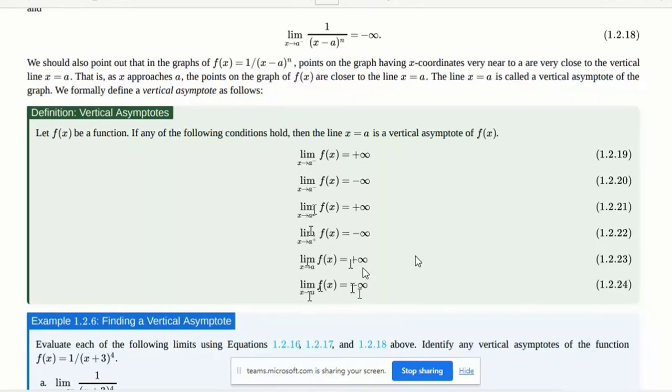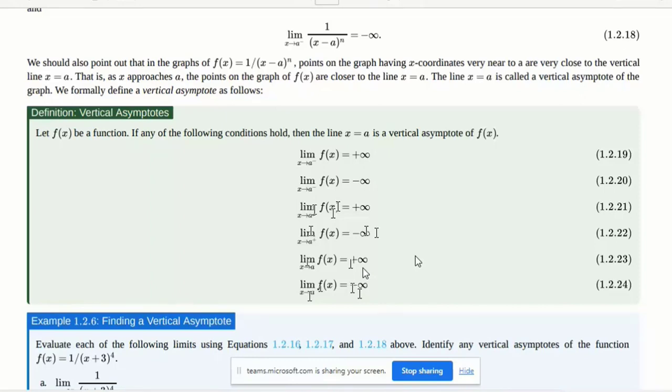Now let's look at the two in the middle again, and then the first two, 19 and 20.